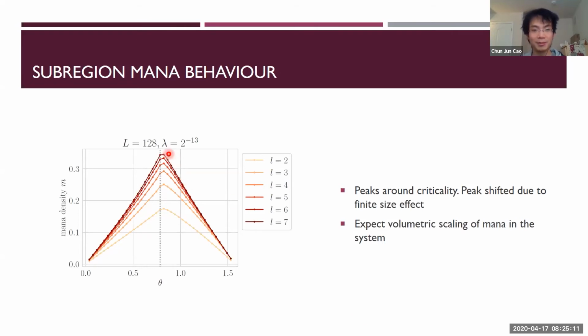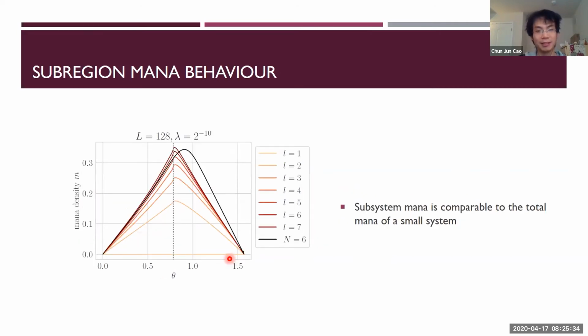In fact, the peak is shifted due to finite size effects. And if this trend continues and it saturates near some point, then you expect a volumetric scaling of mana with system size. So there are two immediate lessons that we learn.